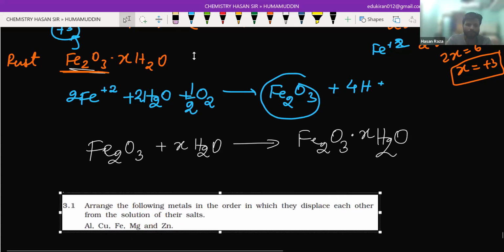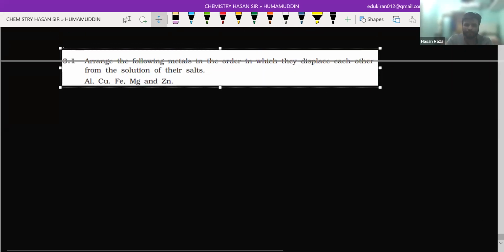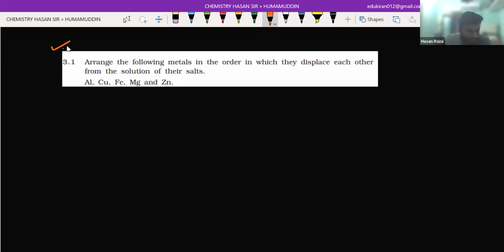Are you done with this? Yes, sir. So I'm starting this question from NCERT. I will give you the questions which are important, and I would suggest both of you to please complete the NCERT questions, exemplar, assignment, and diagnostic test, each and every question.